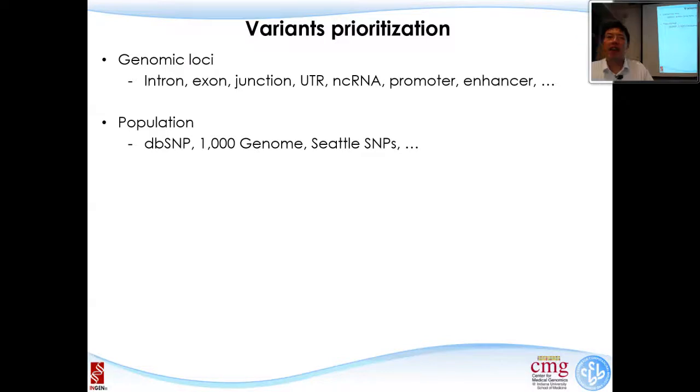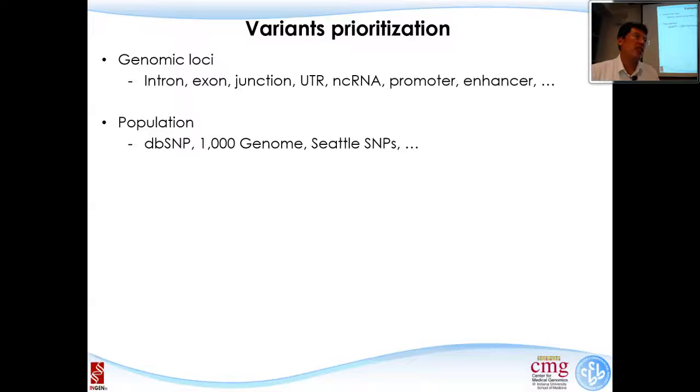The second level of information people normally use is population-based annotation, which means whether I have seen a specific variant before. Let's say you are working on a disease that is early onset and devastating.